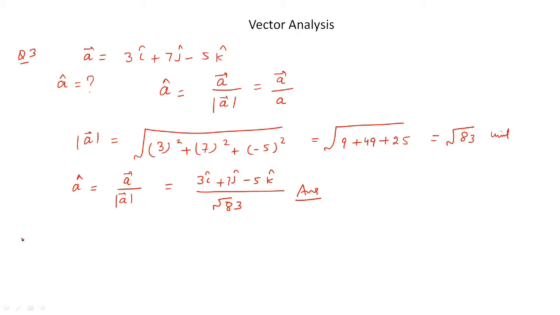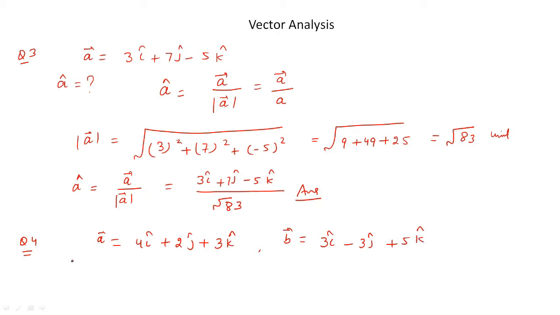Now the next problem is that a vector A is given as 4i plus 2j plus 3k, and the vector B is given as 3i minus 3j plus 5k.